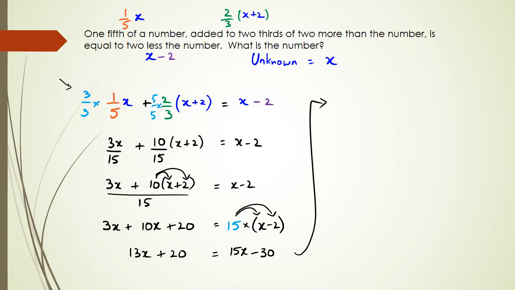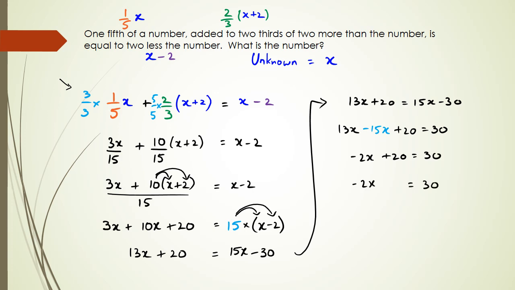So from here, I'm just going to rewrite these equations, guys. The 13x plus 20 equals 15x minus 30. So rearranging it, I've got 13x minus 15x plus 20 is equal to minus 30. So I've got negative 2x plus 20 equals negative 30.